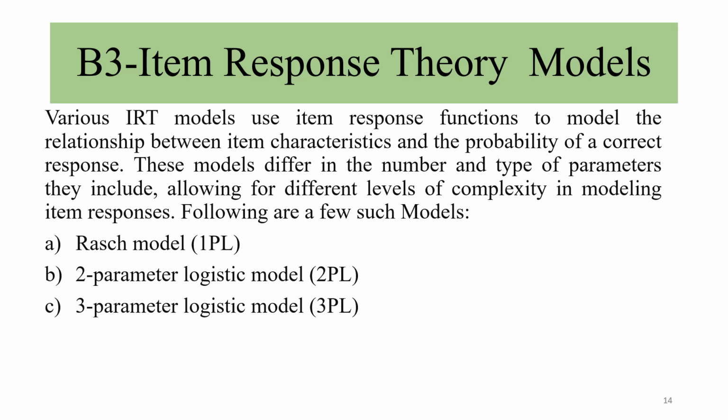Depending upon the item response function, different models have been developed. The most important is the Rasch model, which is a one-parameter logistic model. That is easy, and it is used in calibration of items in different boards, even in Pakistan. The second one is the two-parameter logistic model, and C is the three-parameter logistic model. The purpose of this slide is only to tell you that these models exist.